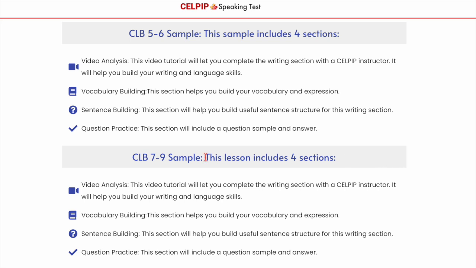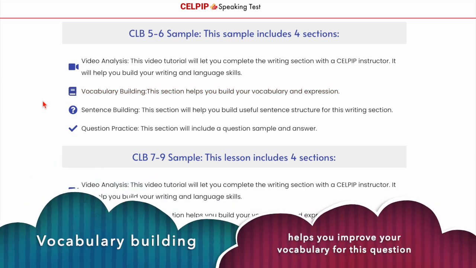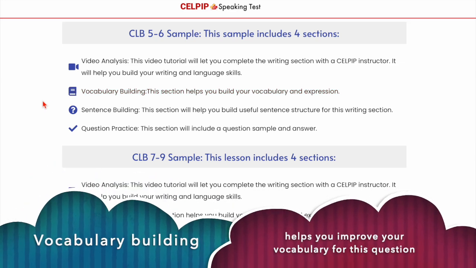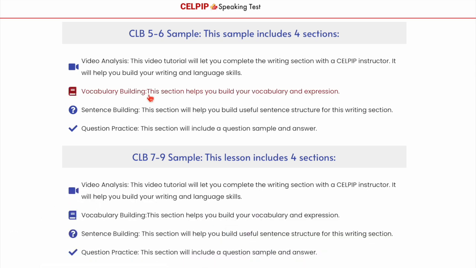So also you will notice that both of these samples include vocabulary building. Now, vocabulary building is great for building your vocabulary for all levels, okay?